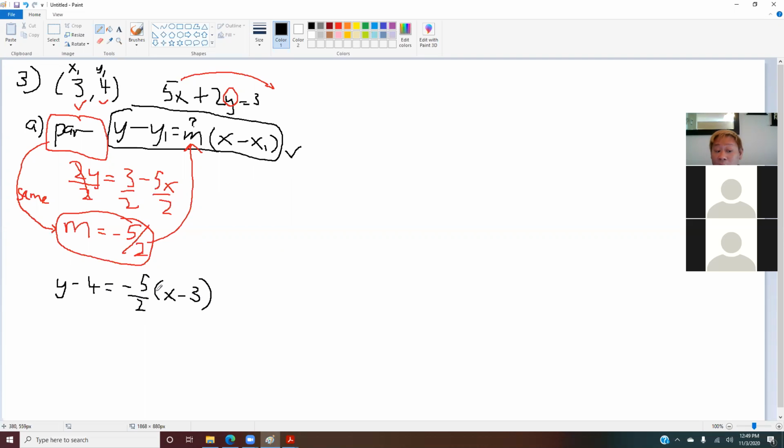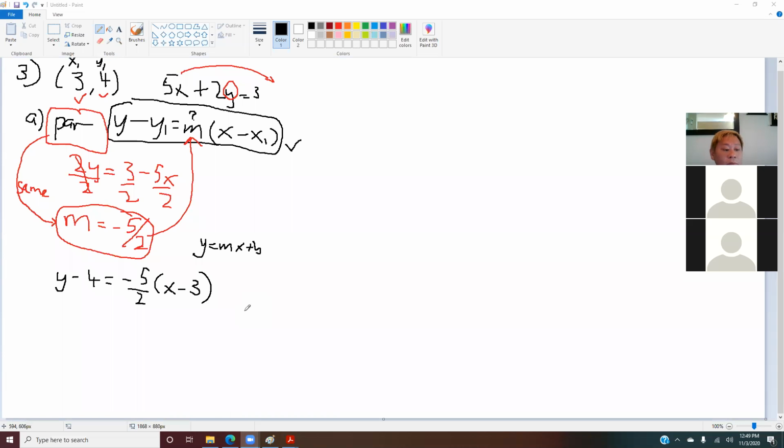If you leave your answer like this, I won't give you full points, because your answer should be in y equals mx plus b form. So does anyone here know how to transform this to y equals mx plus b? How do we get rid of this 2?